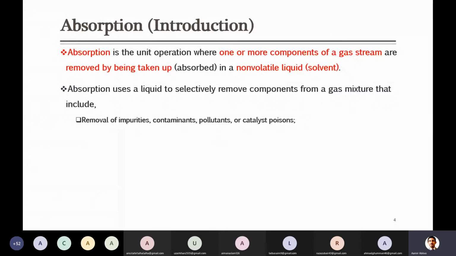Suppose you have to introduce this gas stream to a reactor; if there is something which can cause problems to the catalyst, that should be removed. Sometimes it is a requirement of the process that there should not be any other species or component that can cause, for example, a side reaction, so that should be removed, and so on.